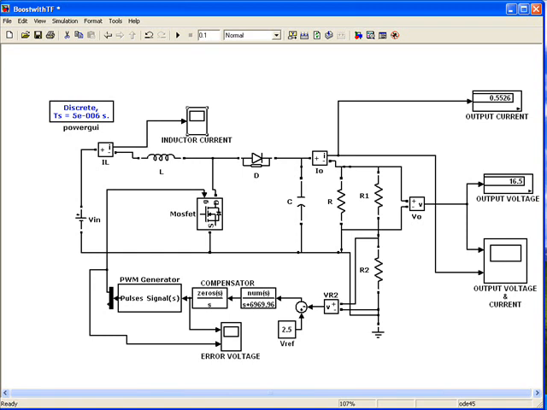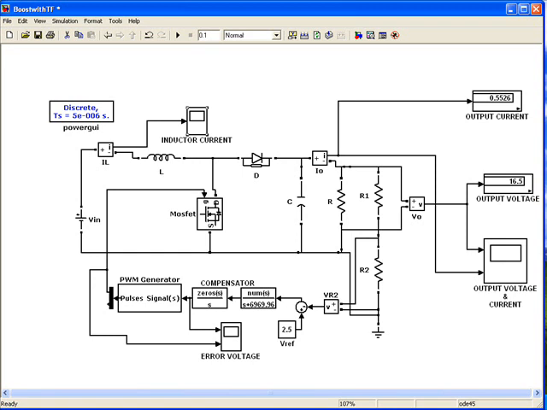The input voltage is taken as 10 volts, the inductor as 400 microhenry and the capacitor as 210 microfarad. The output voltage is divided by the potential divider and compared with the reference voltage, and this voltage is given to the compensator transfer function, which is obtained by doing the state space analysis and frequency response.